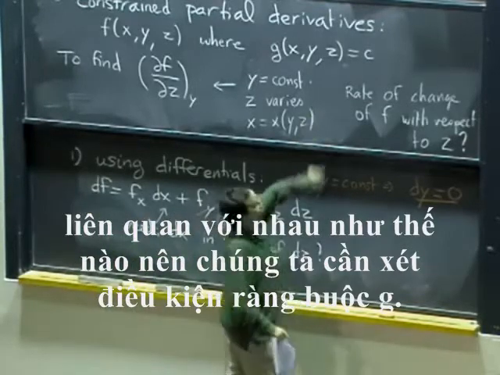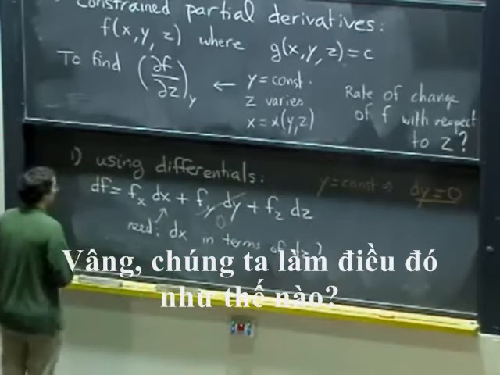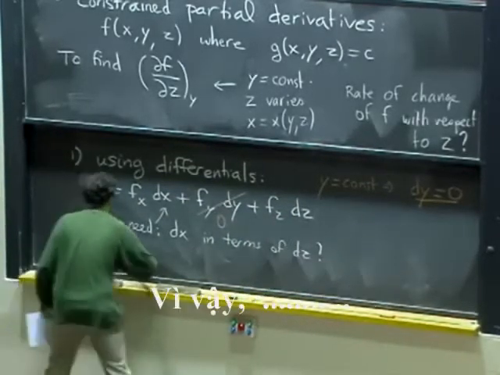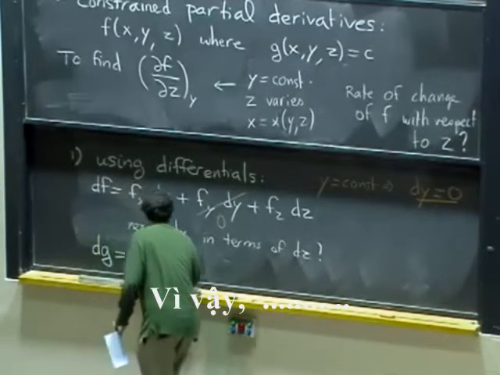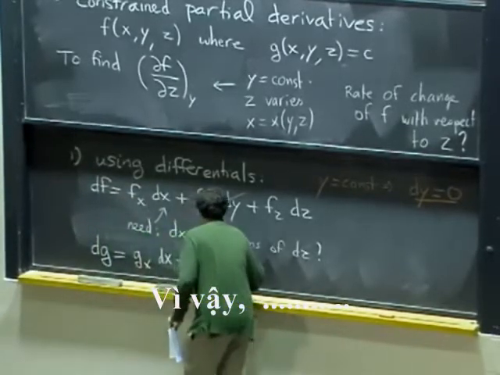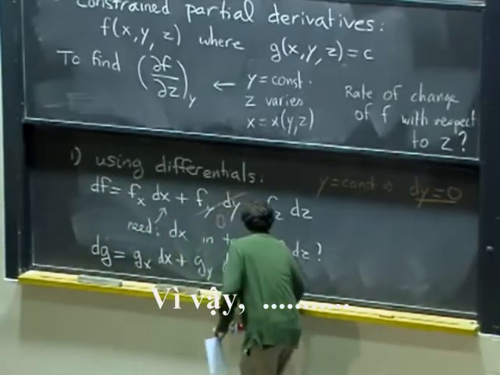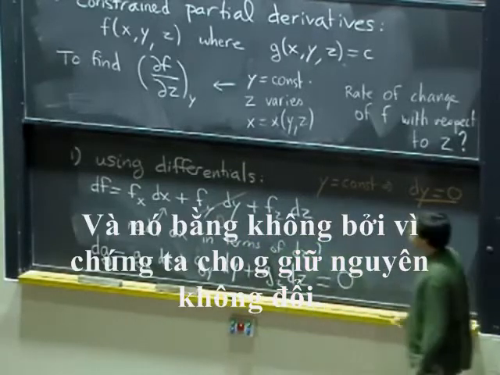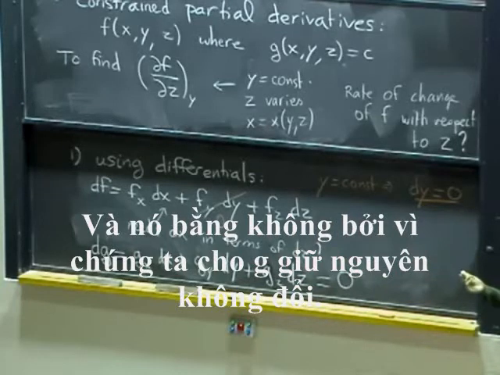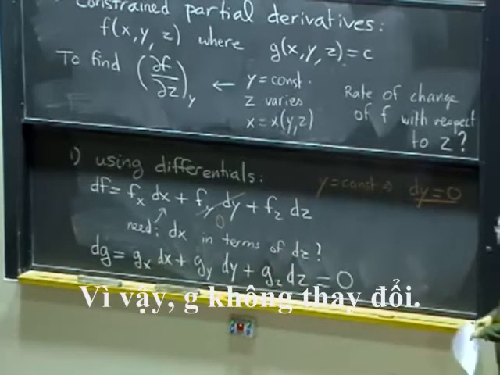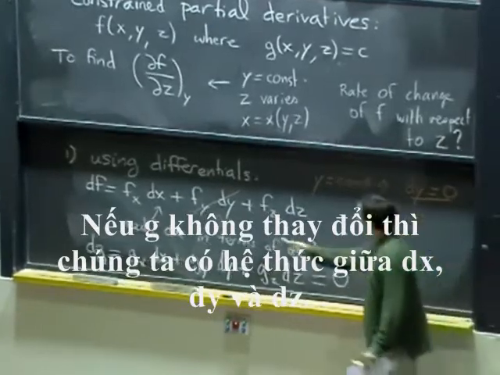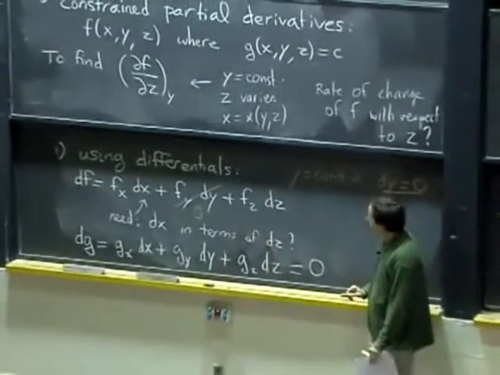So we need to look at the constraint g. Well, how do we do that? We look at the differential of g. So dg is g sub x dx plus g sub y dy plus g sub z dz, and that's 0 because we're setting g to always stay constant. So g doesn't change. If g doesn't change, then we have a relation between dx, dy, and dz.